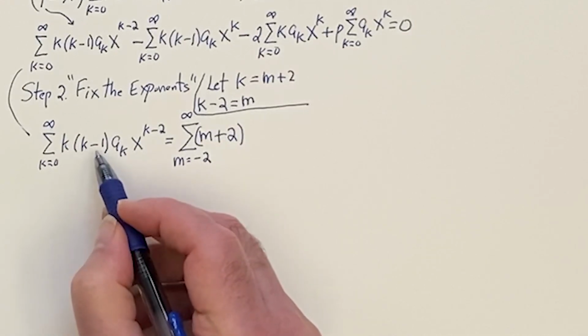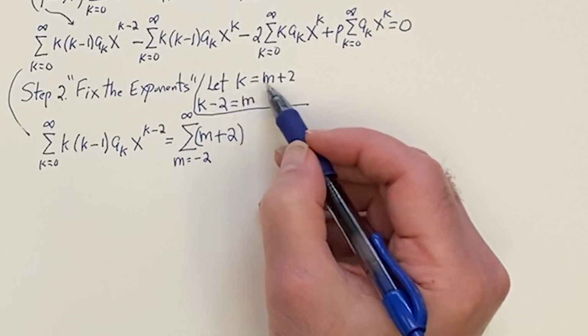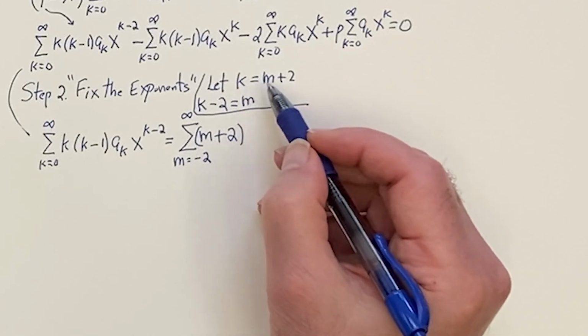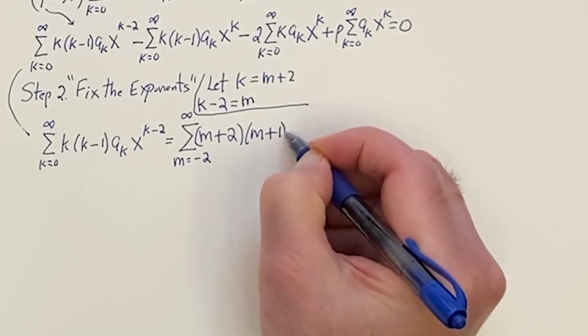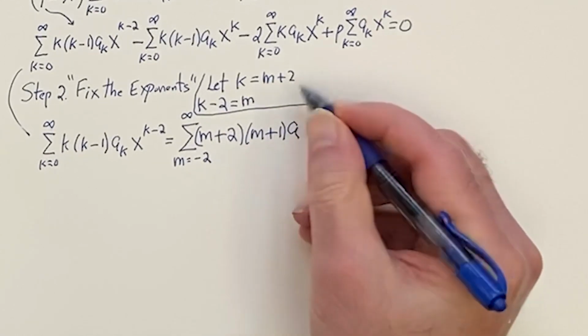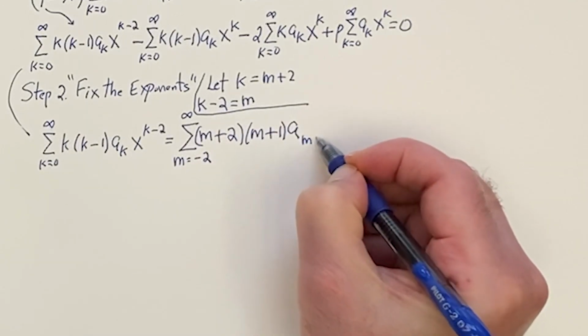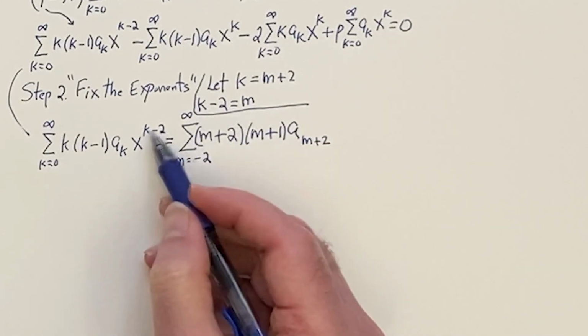And what's k minus 1? Well, if k is m plus 2, then k minus 1 would be m plus 1. And k minus 2, say that's going to be m.